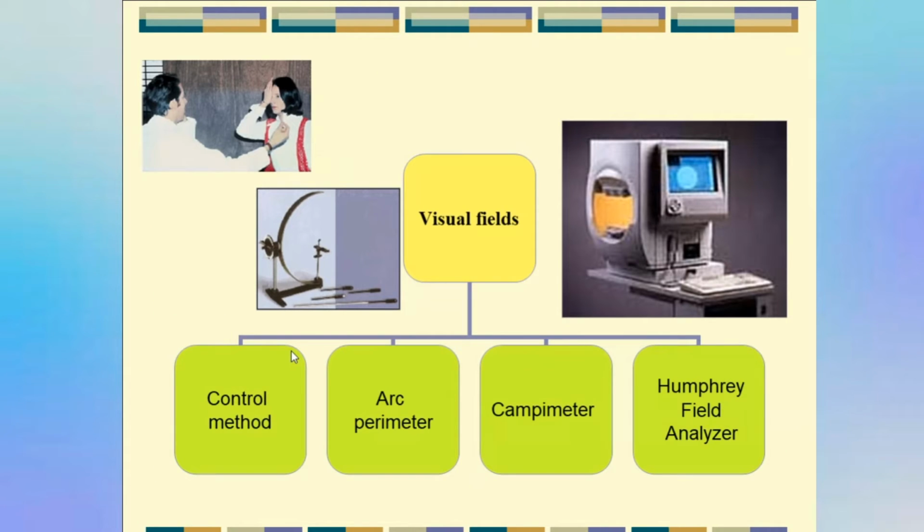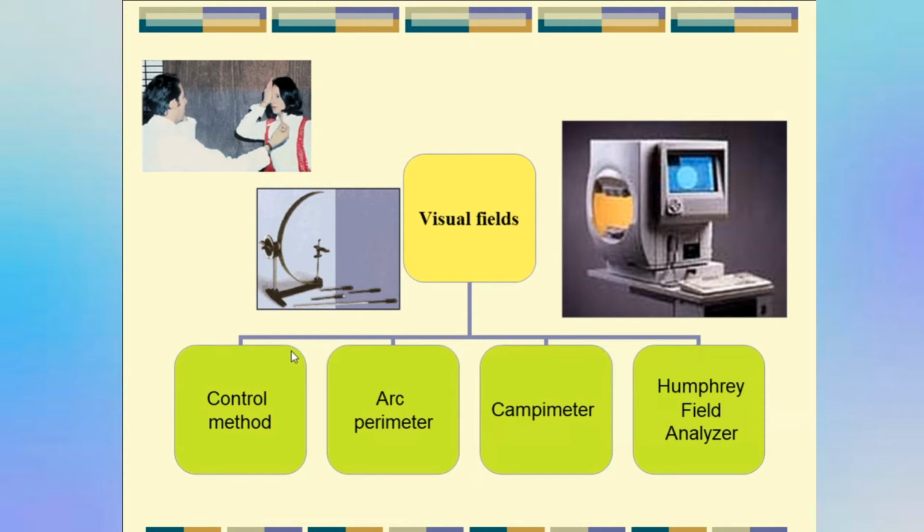We should also check the visual fields in a patient with suspected glaucoma. We have already mentioned that visual field defects very often appear in a patient with glaucoma. There is a control method where we compare the patient's visual field with the doctor's visual field, but it's a very simple and rather old method.